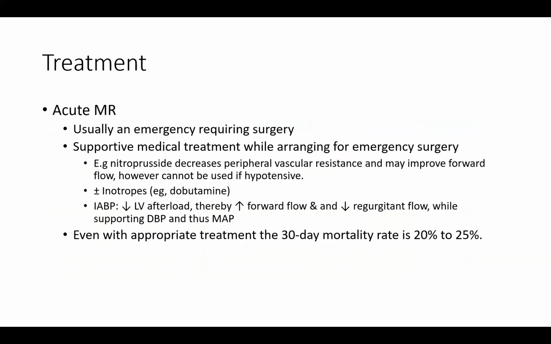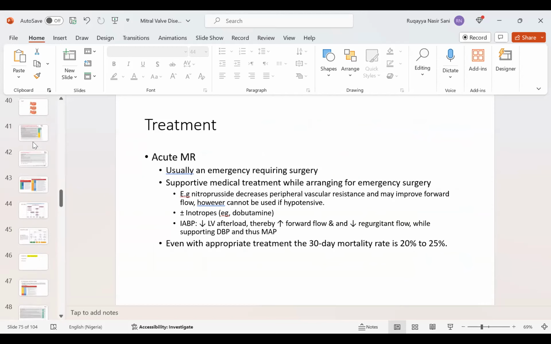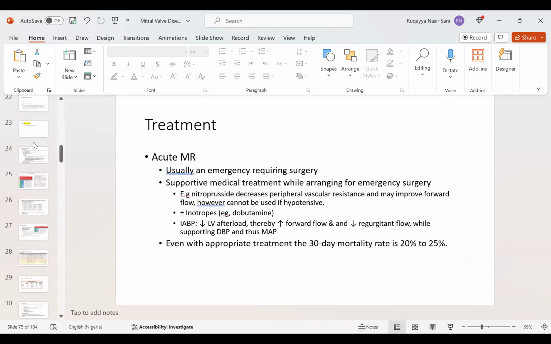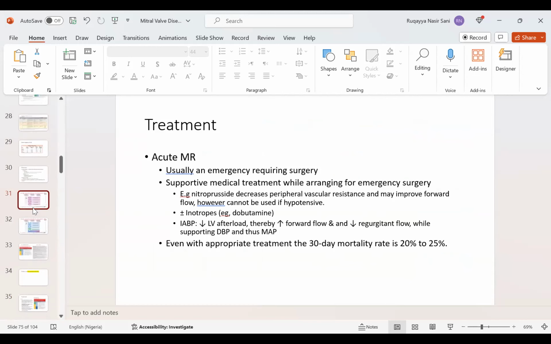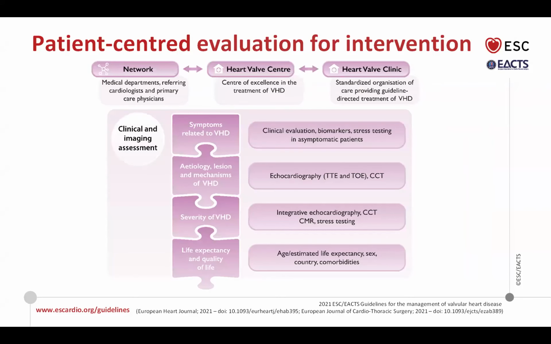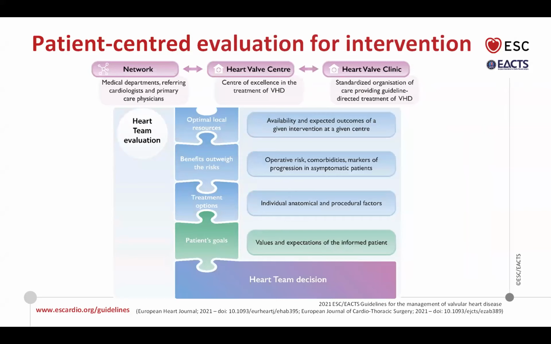So how do we treat? For treatment, remember that it's multidisciplinary. Let me just pull up the slide I used for MS. Just a minute. So multidisciplinary, have your heart valve center or heart valve clinic with all of the specialists that are needed, including imaging specialists and cardiac anesthesia, all of that.